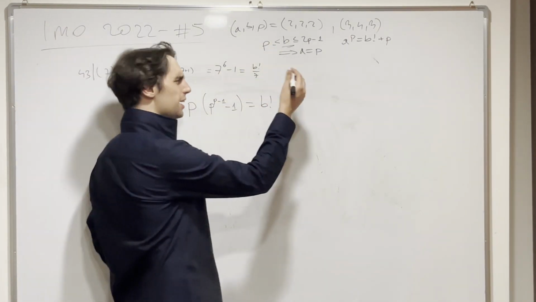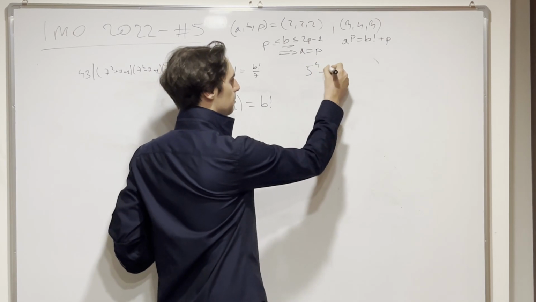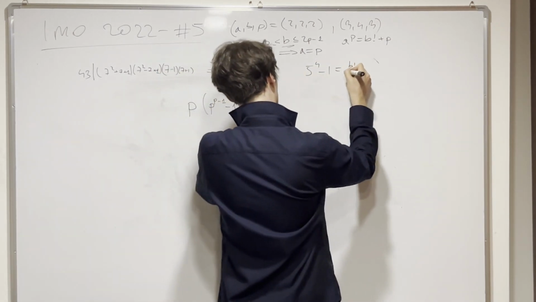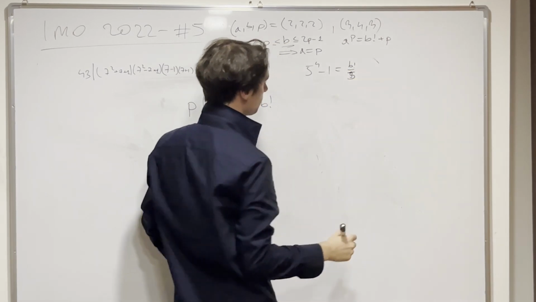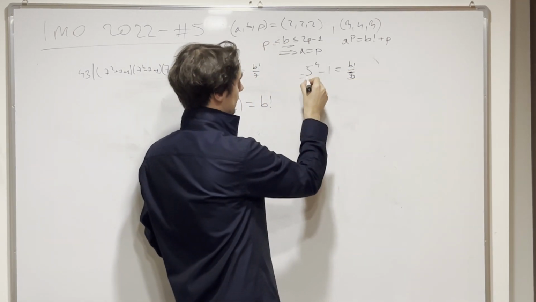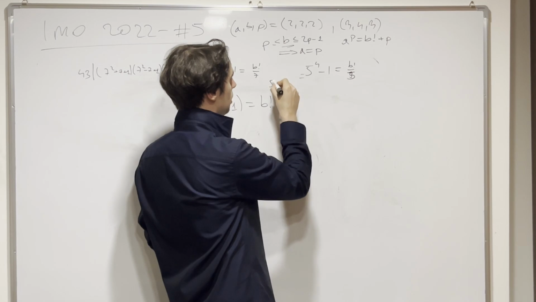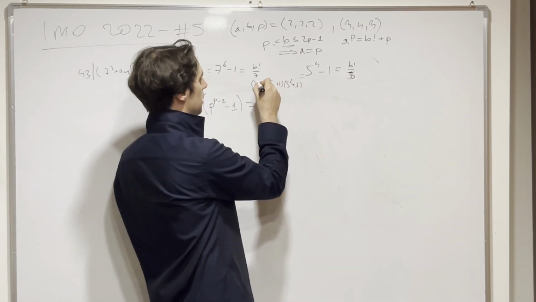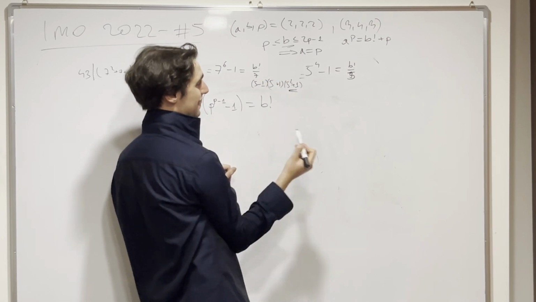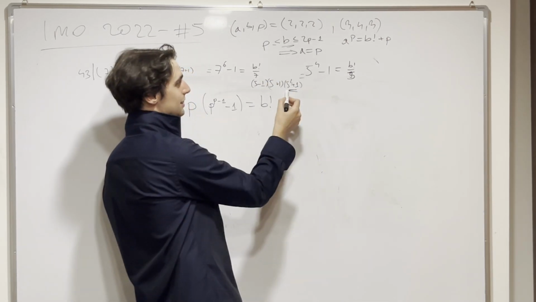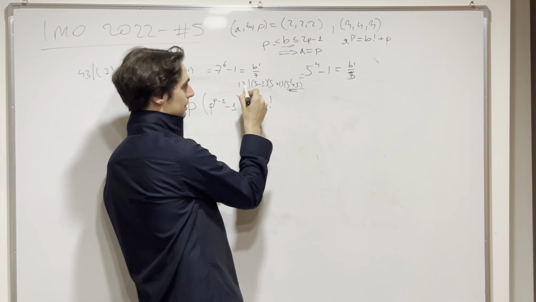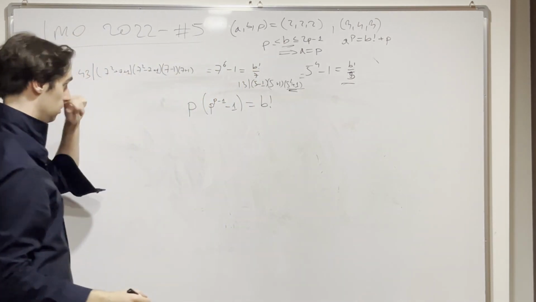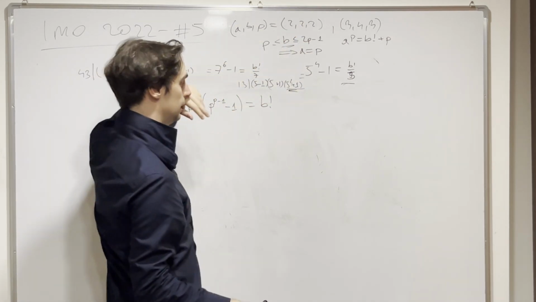And also maybe 5, we'd also need to say why 5 to the 4th minus 1 is not equal to b factorial over 5. So this thing is 5 plus 1, 5 squared plus 1, and 5 minus 1. So this has a 13 in it. This is 26. So this is divisible by 13, but the other side is not. And so this also doesn't work out.